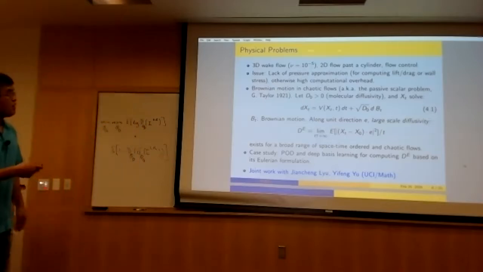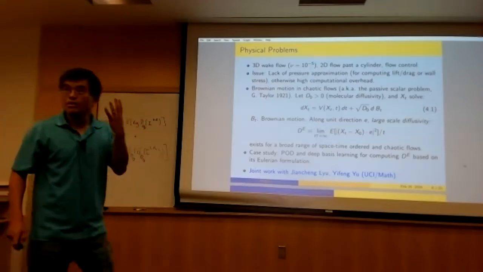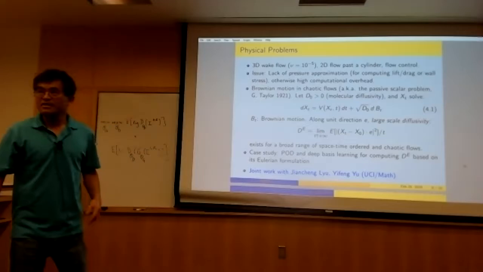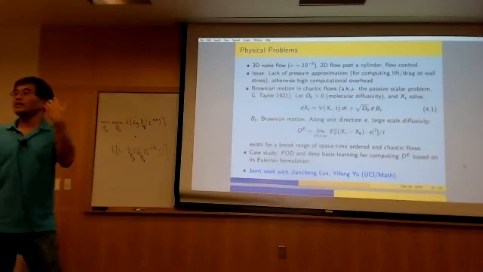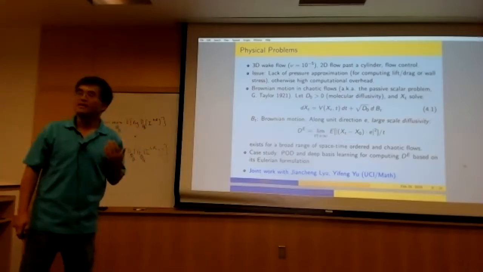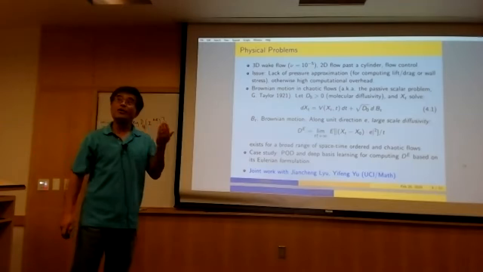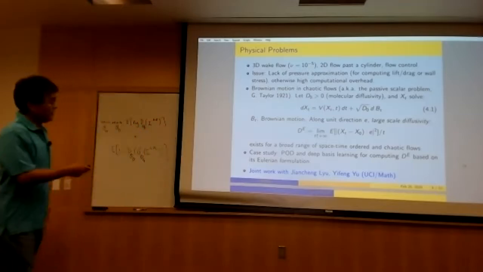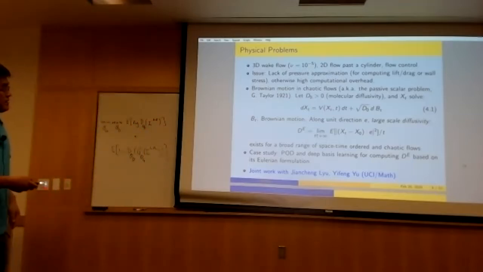All of these problems are real-world problems, but a little bit difficult in the following sense: not only velocity, but you also have to approximate the pressure. And pressure turned out to be a more difficult quantity to approximate. On the other hand, pressure is something you want.